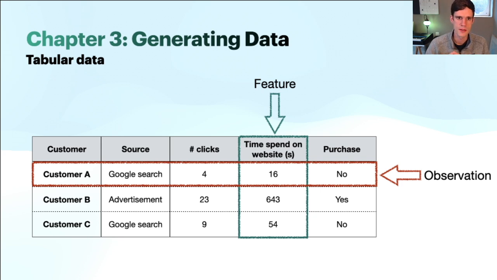For instance, the source column indicates by which source our customer came onto our website, either a Google search or an advertisement. The number of clicks column indicates how many times a customer clicked on our website. And likewise, the time spent on our website in seconds indicates for each customer how many seconds they spent on our website.